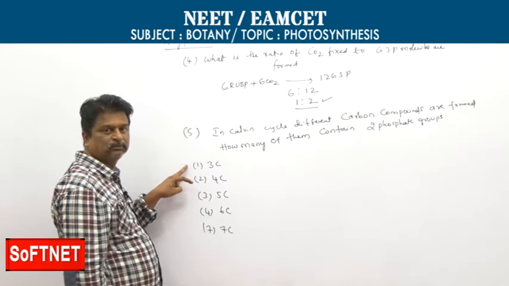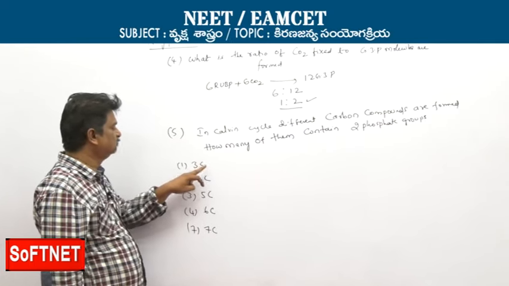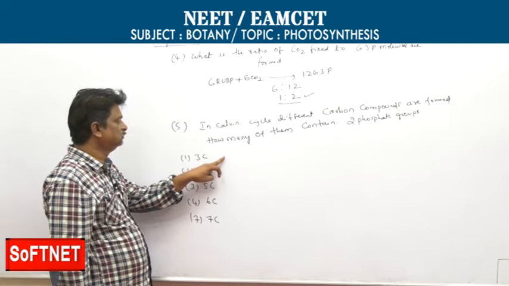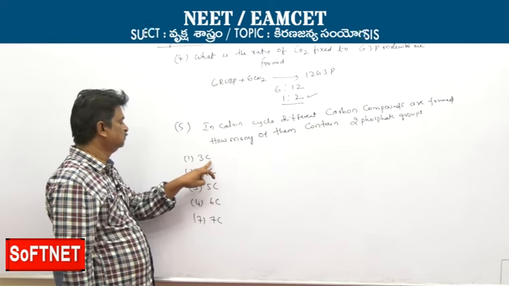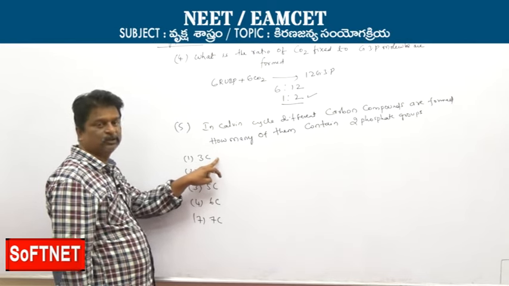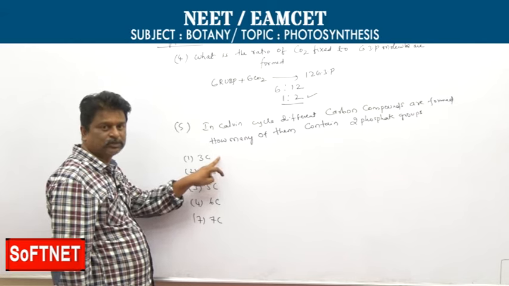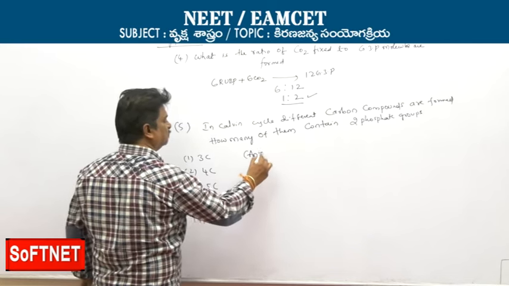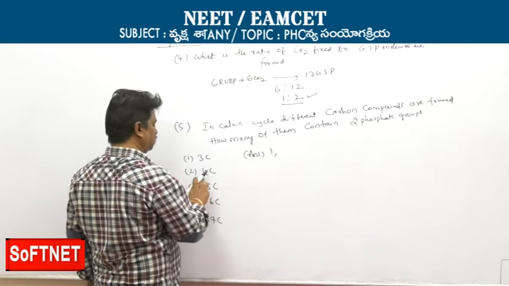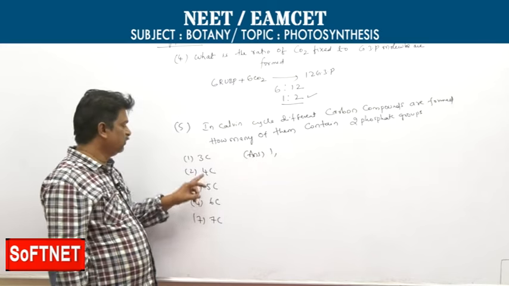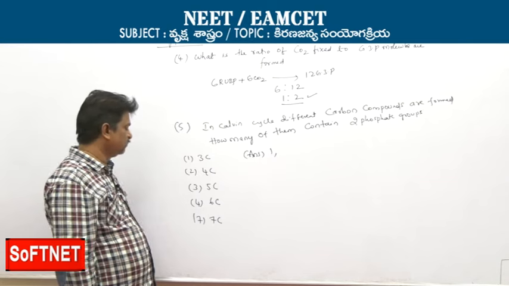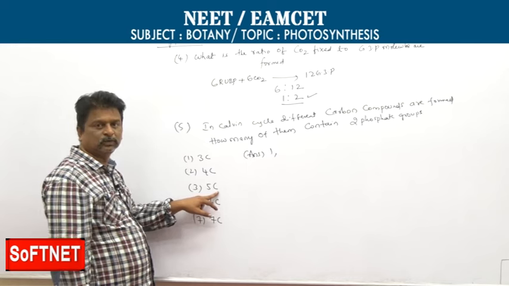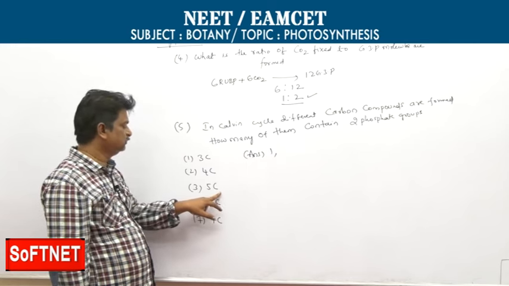So, 3 carbon, first PGA, then it forms 1,3-bisphosphoglyceric acid. So, it contains 2 phosphate groups. So, answer 1. Second, 4 carbon compound, only 1 phosphate is formed, erythrose 4 phosphate, no. 5 carbon compound, ribulose 1,5 bisphosphate.